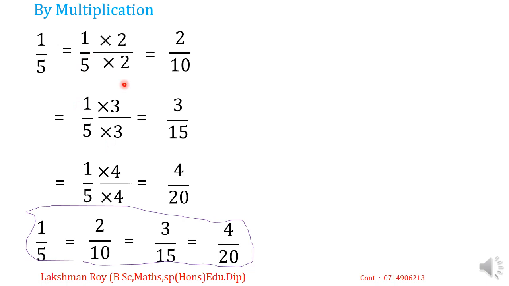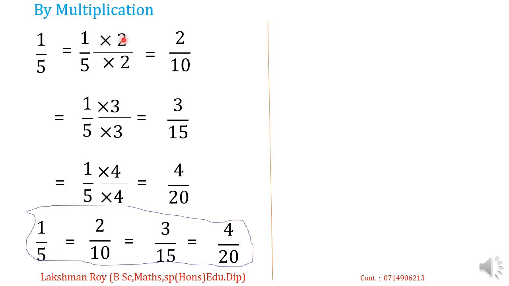Now in these two examples I explained with steps. 1/5 is the given fraction. How to find equivalent fractions to this fraction by the multiplication method? You have to multiply numerator and denominator by the same number.